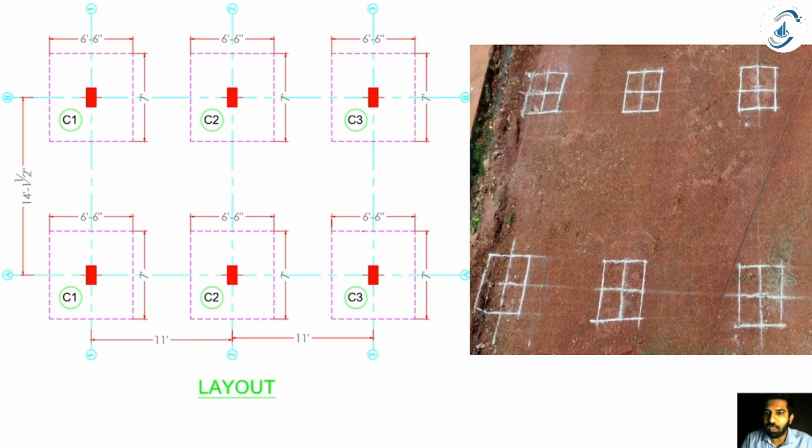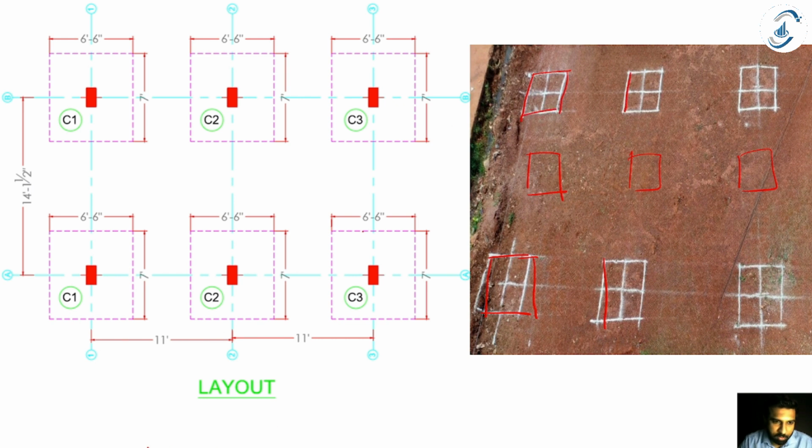I just cannot start excavating my soil here or here and start placing my foundation. There are certain specific locations on the site where I need to start excavating my soil. You can see these points that are marked in white chalk.